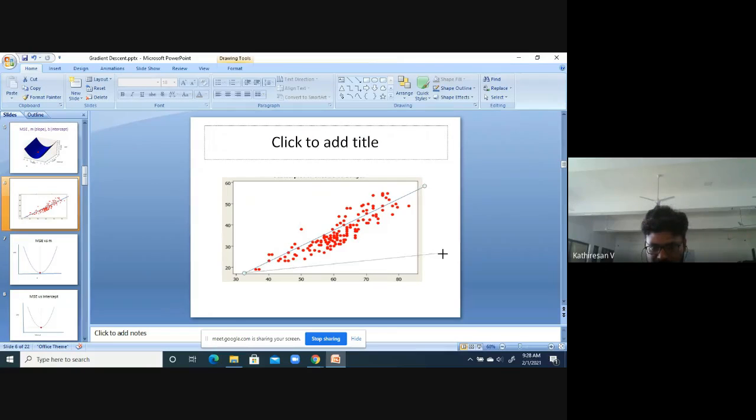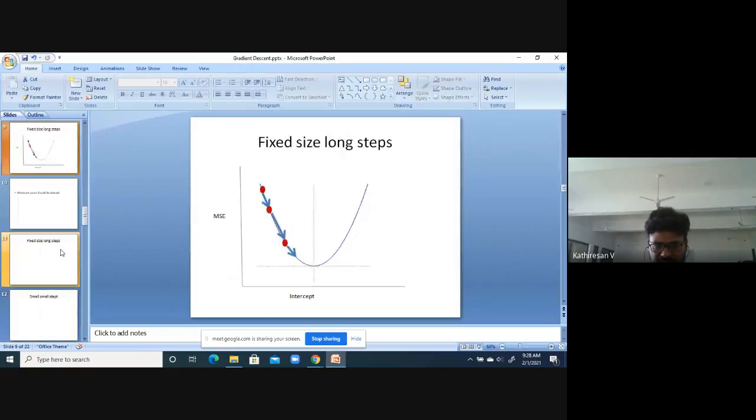Then we are moving the line and finding MSE. Our intention is to reduce it. Obviously, if the curve is moving towards the data distribution, MSE gets decreased. So the second iteration MSE is here.